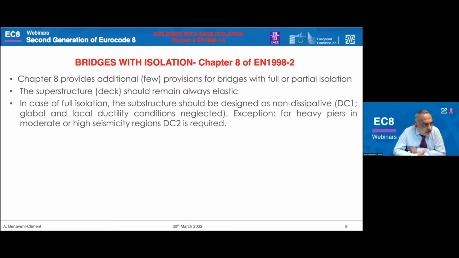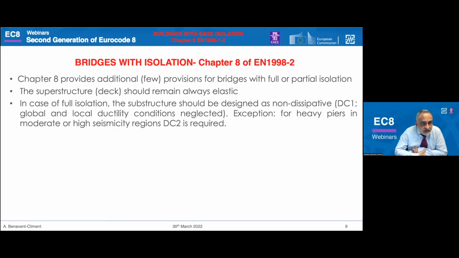Let's now turn our attention to the bridges with base isolation that are covered in chapter 8 of Eurocode 8 part 2. This chapter also includes very few additional requirements. One is that the superstructure must remain always elastic.